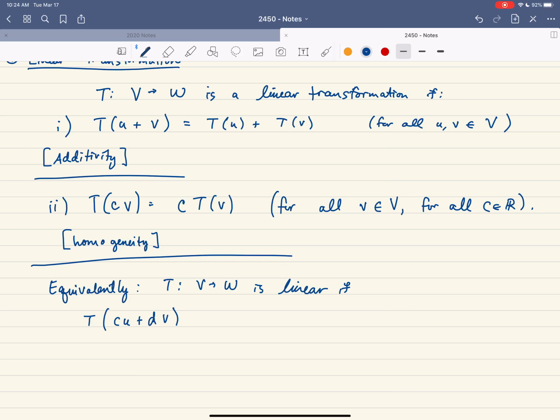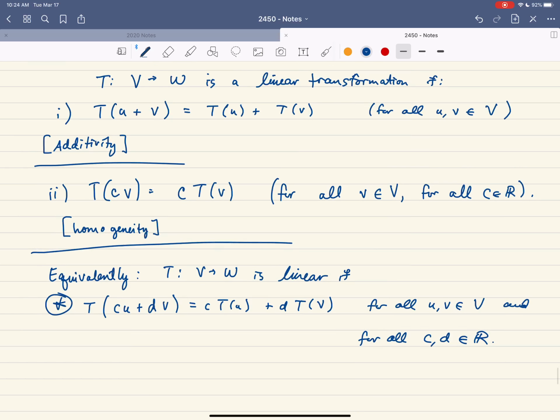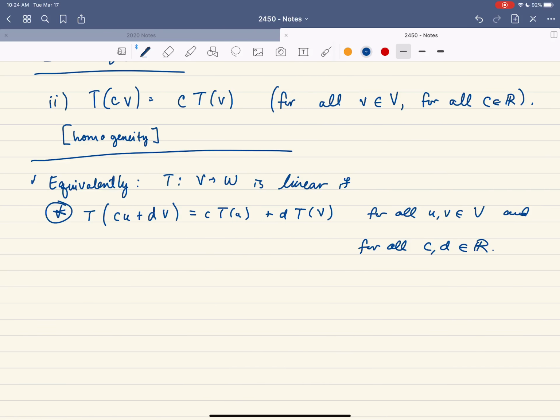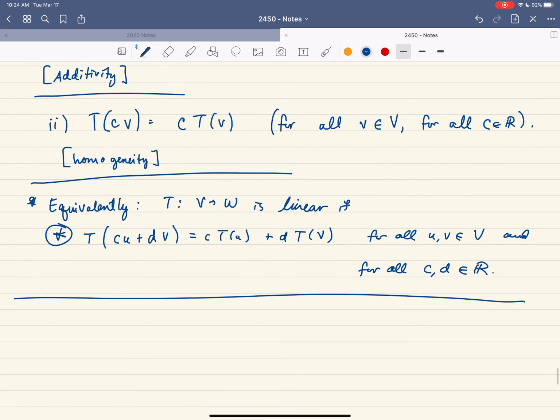T of cu plus dv is c T of u plus d T of v. And again, I want this to be true for all vectors u and v, and for all scalars c and d. Sometimes it's convenient just to think of this as a single property. That really means that we only have one thing that we have to check rather than two. But they're completely equivalent. So I'll probably bounce back and forth between the definitions there.